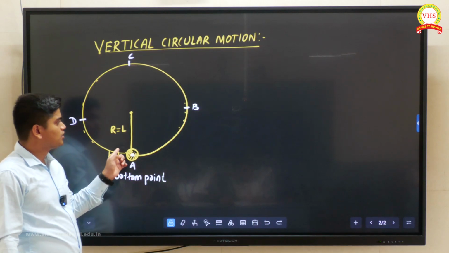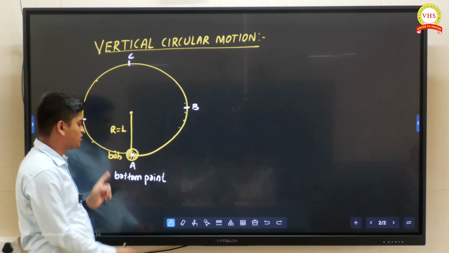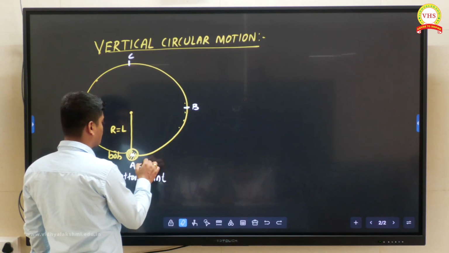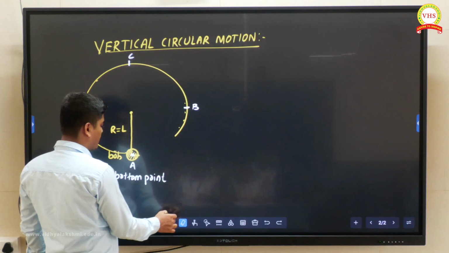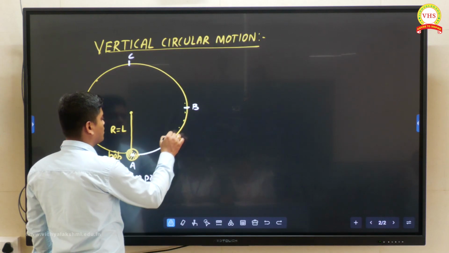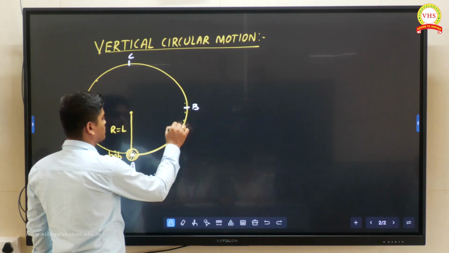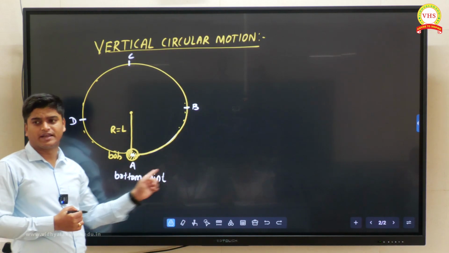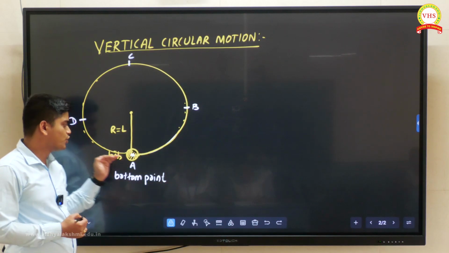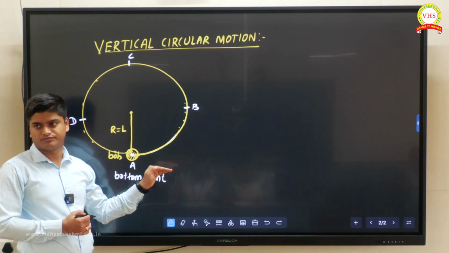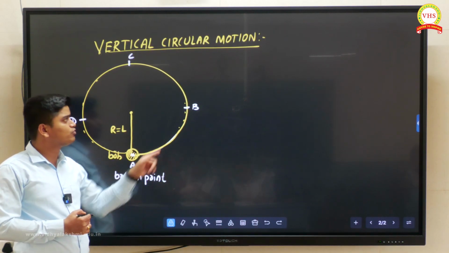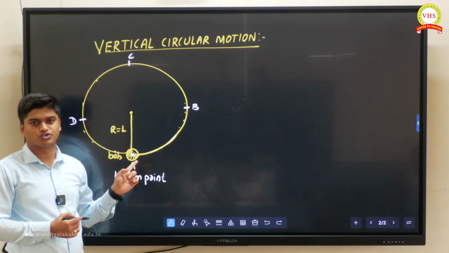Now this particle is moving in a circular motion. Now if I give certain velocity to the particle, then only this particle can move in a circular motion. This particle automatically cannot move in a vertical circle. You need to provide certain velocity here, and that velocity should be sufficient to make it circular motion.